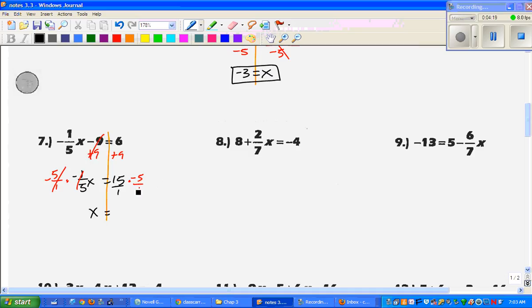Negative 5 times 15. I can't remember. I don't have my multiplication chart, so I'm just going to multiply these out. And get 75, and that is a negative 75. Let's make that actually look like a 7.